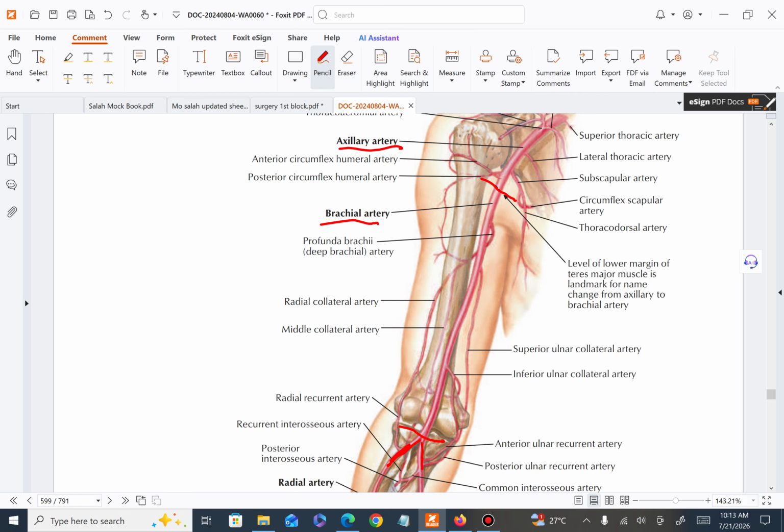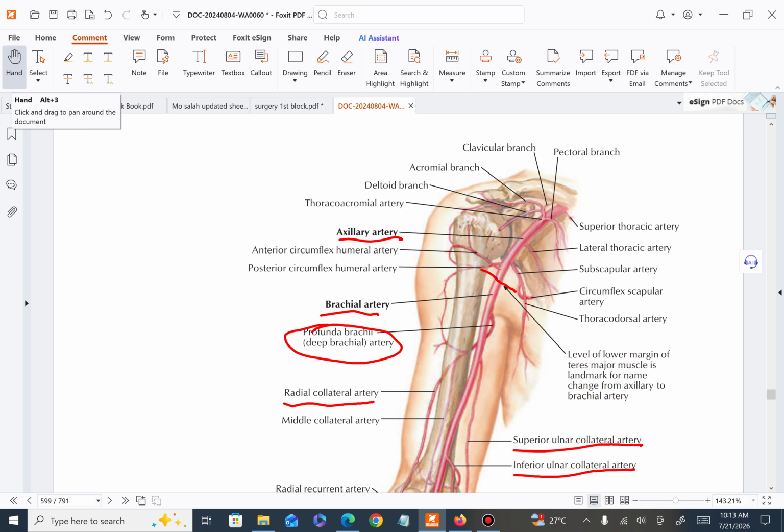Then the brachial artery gives its main branch, which is called profunda brachii or deep brachial artery. It runs behind the humerus, and then continues on the lateral side as the radial collateral artery. It also gives the superior ulnar collateral and inferior ulnar collateral. So these are the branches of the brachial artery.